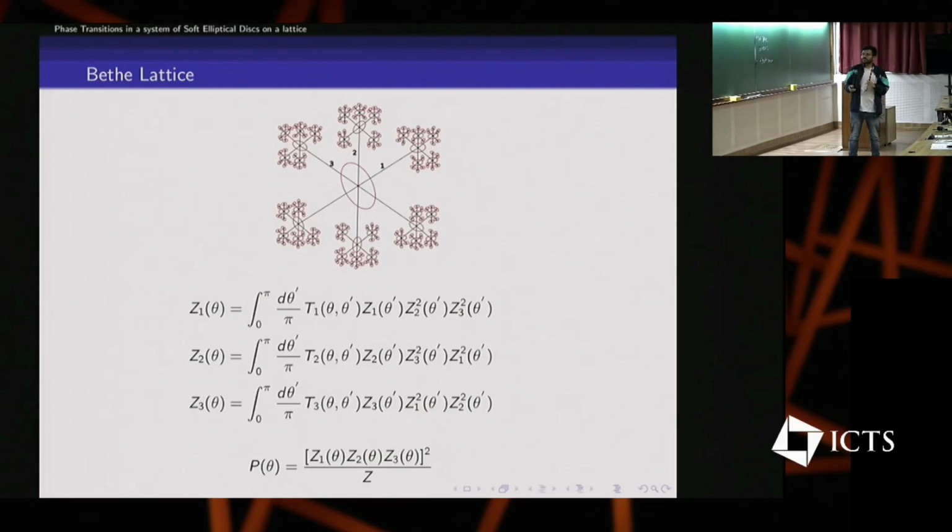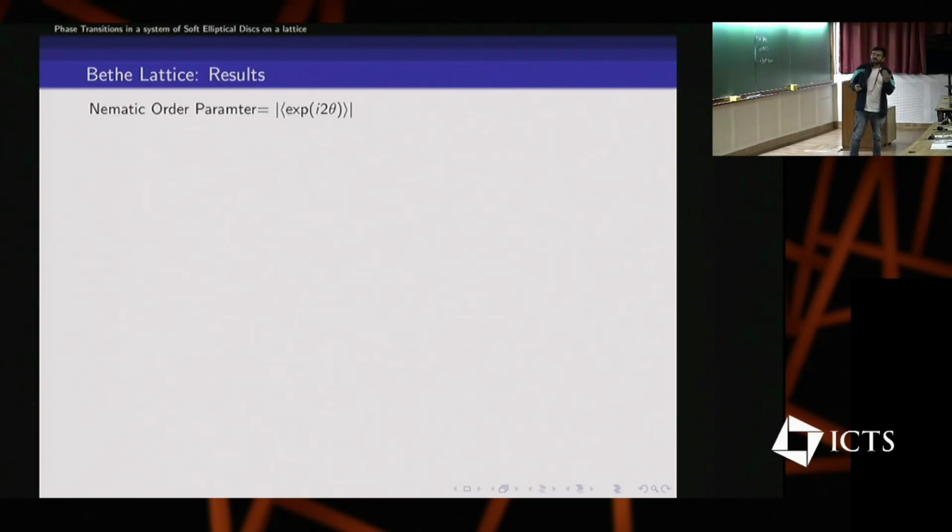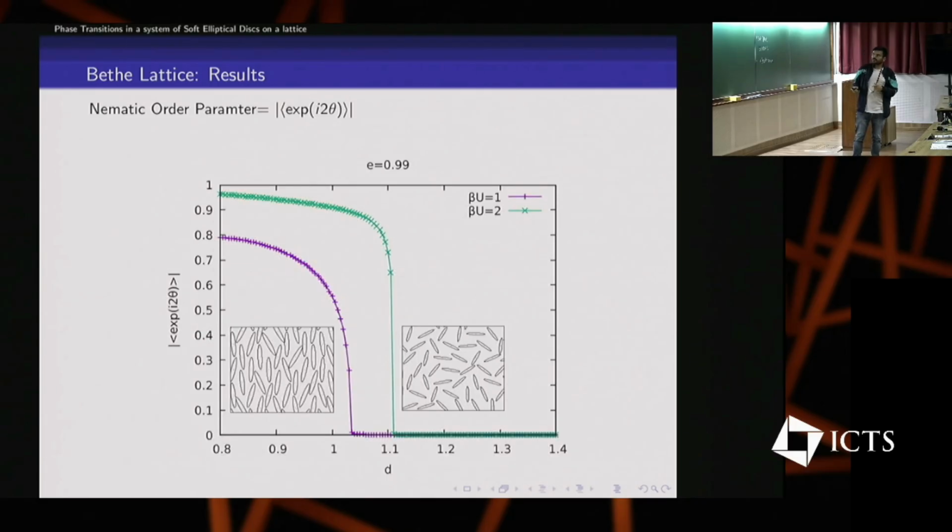Next, we looked at the nematic order parameter to see whether there is a transition if the eccentricity is less than 1. This is the nematic order parameter, the expectation of cosine 2 theta, which is well known in the community. At 0.99, very close to the rod limit, it is not very surprising that there is a phase transition: at small lattice spacing D it is ordered, and at large D it is disordered.